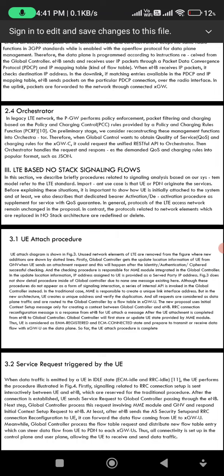Therefore, when the global controller wants to obtain quality of service and charging rules for the XGWC, it could present a unified RESTful API to the orchestrator. Then the orchestrator handles the request and response, setting the demanded QoS and charging rules into a popular format such as JSON.